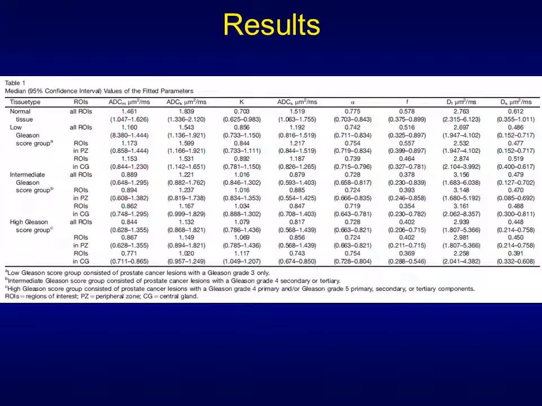Table 1 in the manuscript shows median and 95% confidence interval values of all 8 fitted parameters, either in normal tissue or in the low Gleason score group, which is 3+3 tumors, the intermediate Gleason score group, which are 3+4, and the high Gleason score group, which are the most aggressive tumors, higher than 3+4.